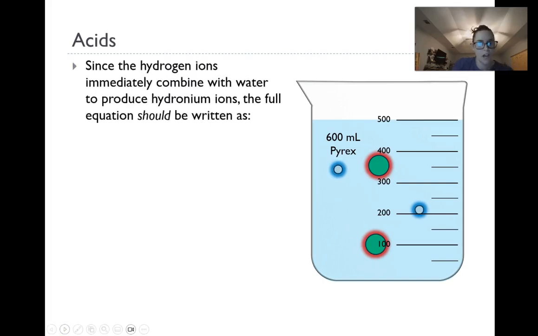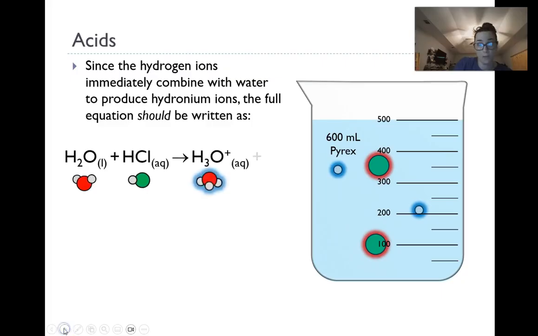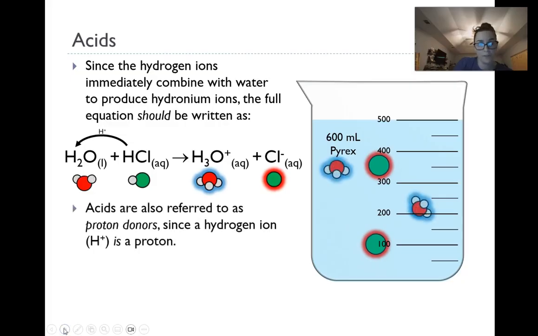So since the hydrogen ions immediately combine with water to produce hydronium ions, the full equation for the dissociation of hydrochloric acid in water should be water plus hydrochloric acid produces hydronium plus our chloride ions. Because that hydrochloric acid gives its proton to water.